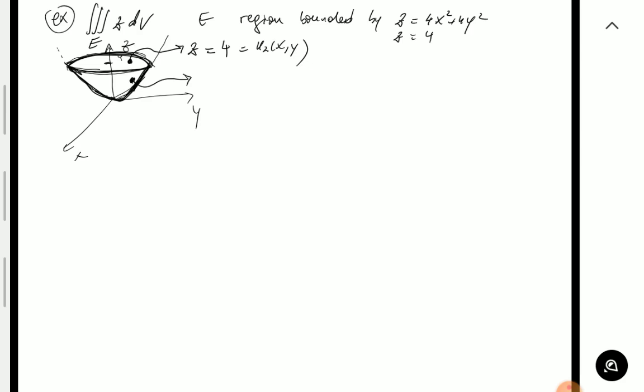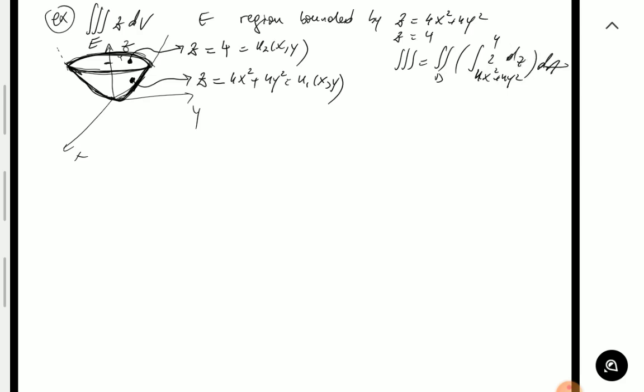And then the bottom bound is going to be given by the paraboloid itself, 4x squared plus 4y squared. So that's going to be the lower bound of z. I know already, by the way, that my triple integral is going to split into a double integral and an innermost integral from 4x squared plus 4y squared all the way to 4 dz.